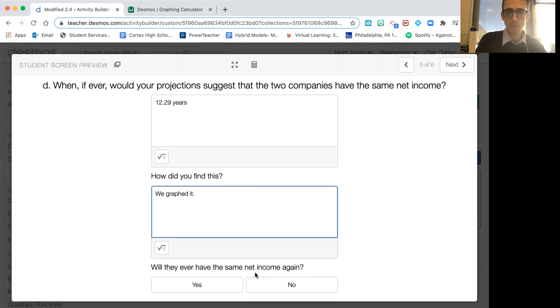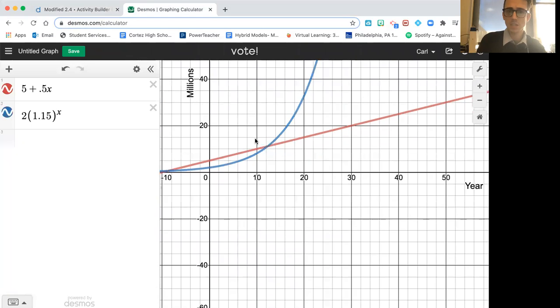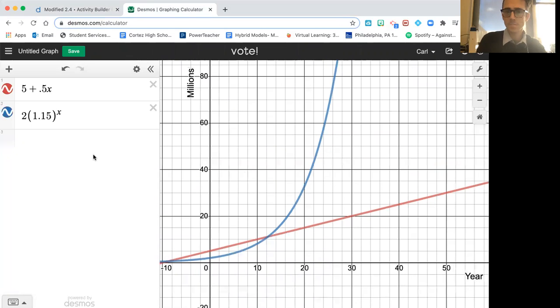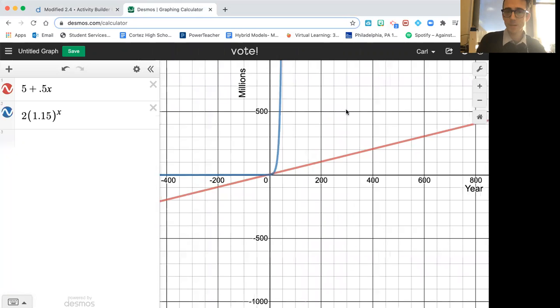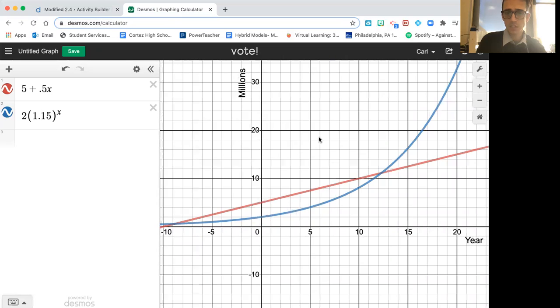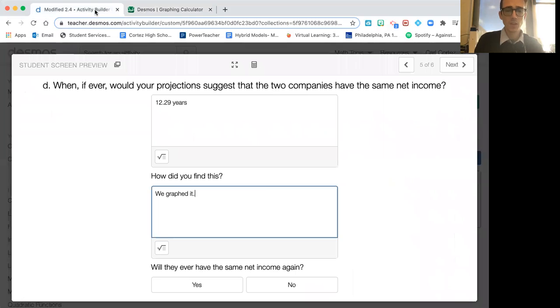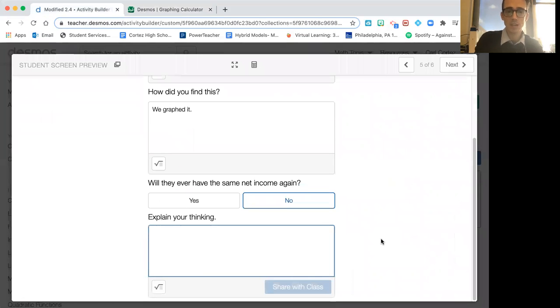Will they have the same net income again? I don't know. What do you think? No, probably not. Blue's going to keep soaring up. So the exponential one in this case is crushing it. We kind of have to wait 12 years for it to work, but hopefully you're saying, no, they won't have the same income again.